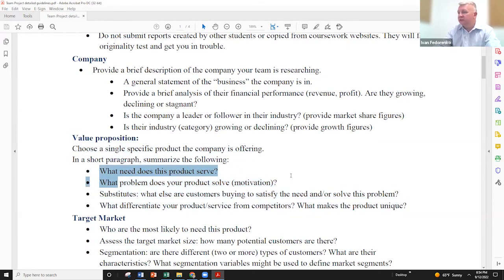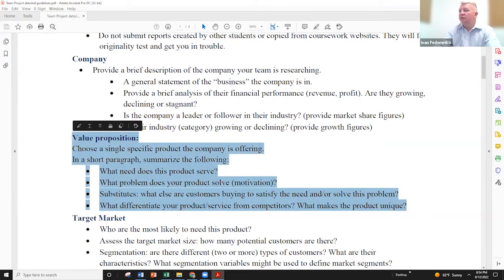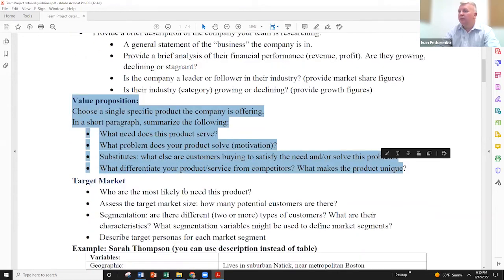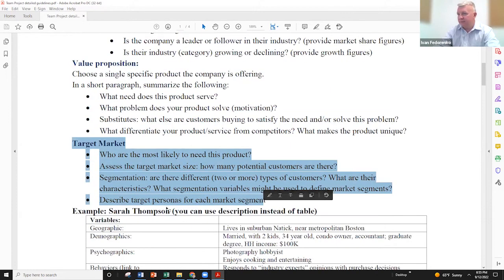What problems do they solve? And if anyone refused to use their services or buy their products, what would they buy instead? After the value proposition, we're going to talk about their customers, and specifically we will focus on segmentation and targeting. These are the topics we will be working on over the next 2 weeks.